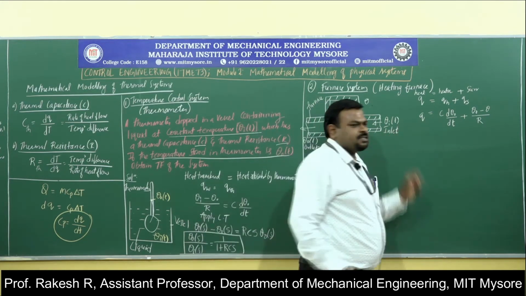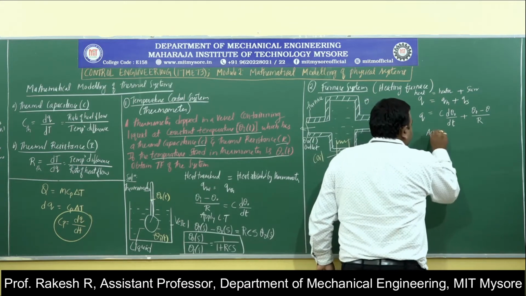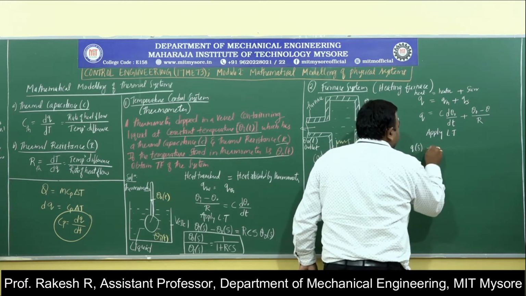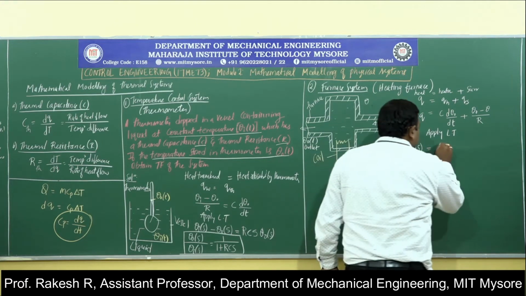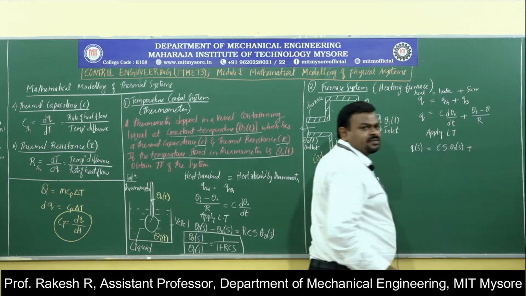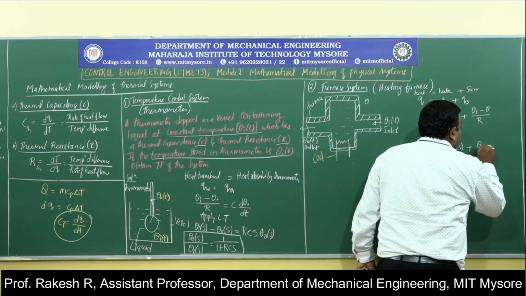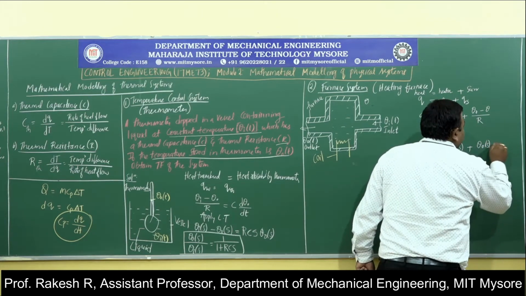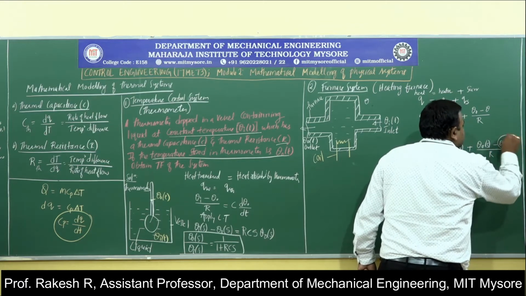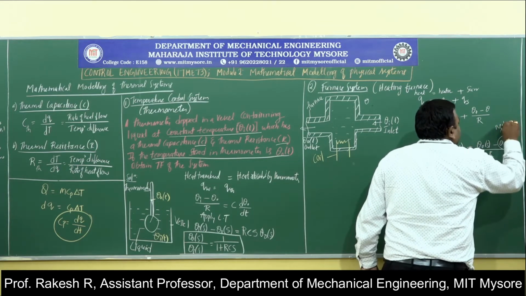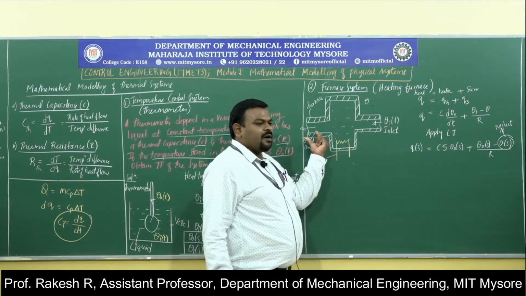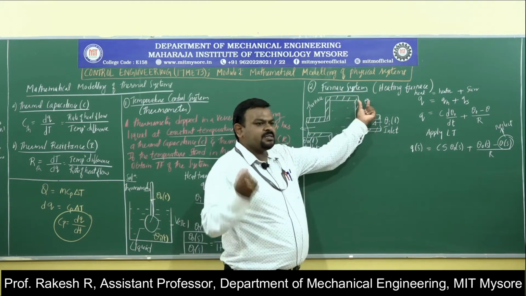Again, I will apply the Laplace transformation. Q will change to Q of S equal to Cs times theta naught of S, plus theta naught of S minus theta of S divided by R. Theta is neglected. Why? Compared to the outlet heat, this theta is very negligible.